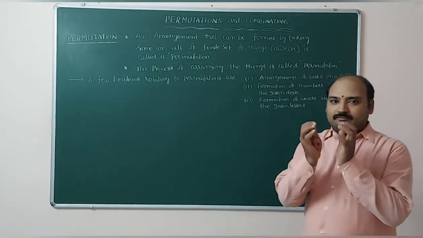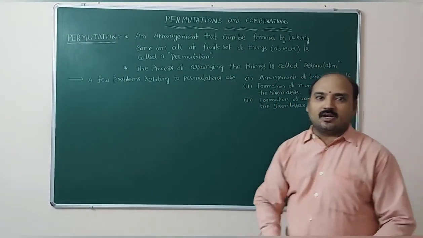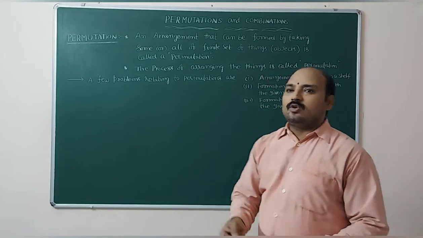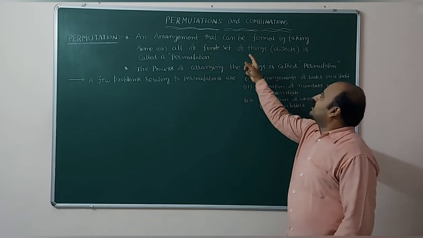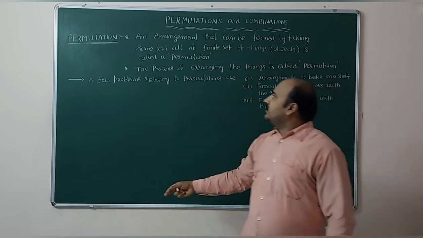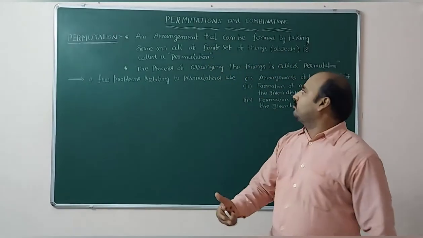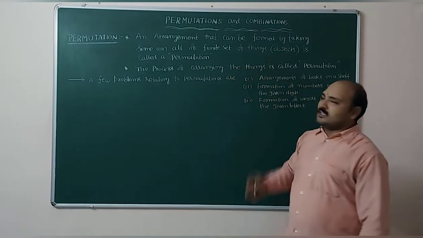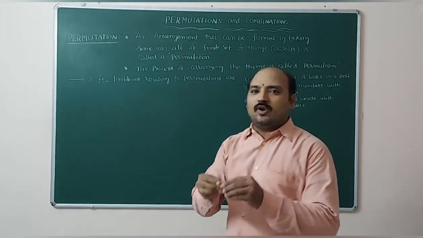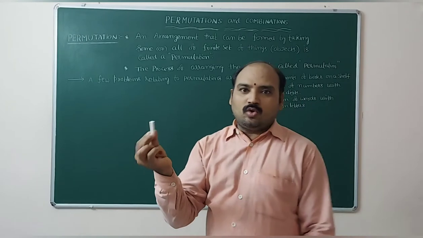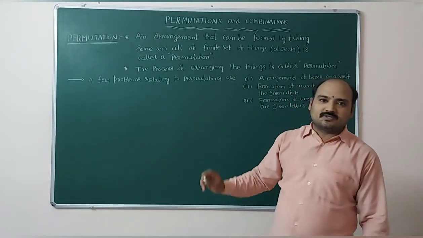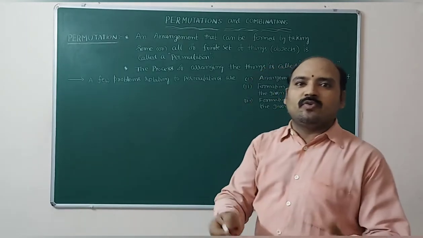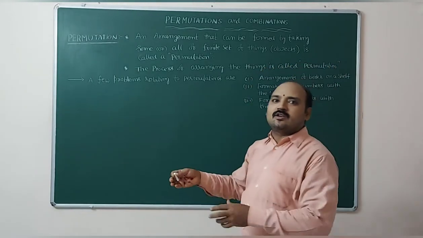Here some objects are there, some things are there, and out of them you have to make an arrangement. Suppose I have 5 chalk pieces, and out of 5 chalk pieces I have to arrange 2 chalk pieces. In that case, this arrangement is called a permutation.